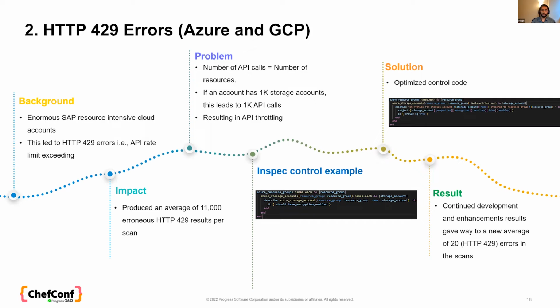That made our troubleshooting process much more difficult because we were not able to go to the cloud providers and ask them for an increase in the API quotas, because we did not have the exact number on what the API rate limit exceeding was.